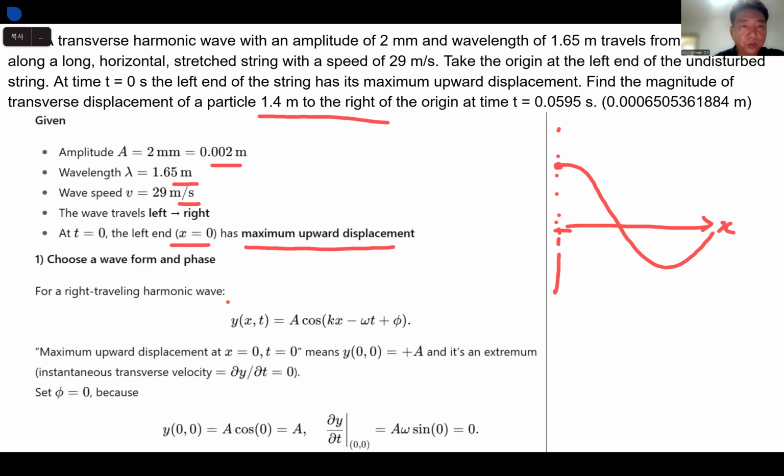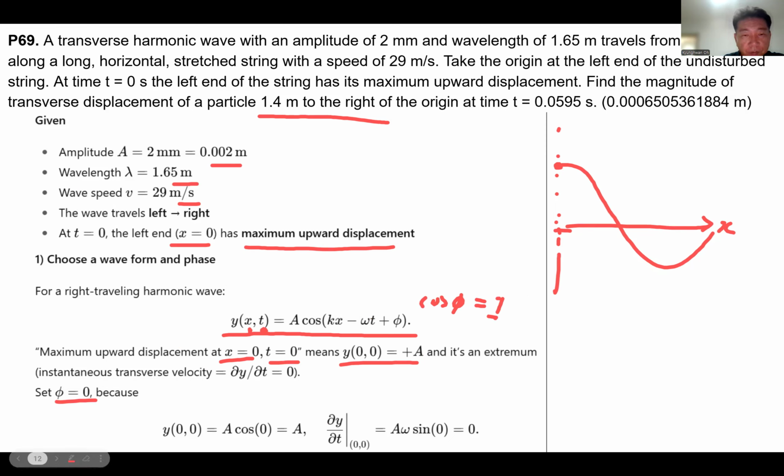And then by combining this information, we can say that y(x,t) is given by this one. Maximum upward displacement at x equal to 0 and t equal to 0 means that at x equal to 0, t equal to 0, y should be plus A, okay? If you put in 0, 0, then cosine phi should be 1, such that phi equal to 0.